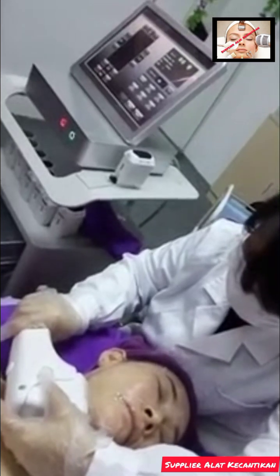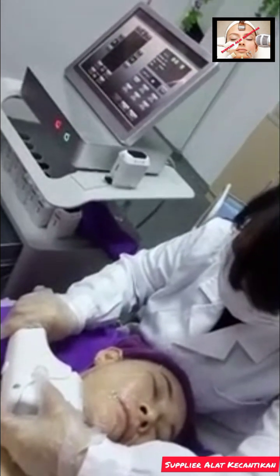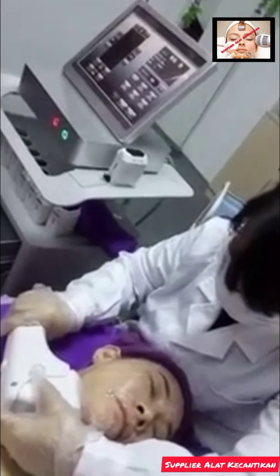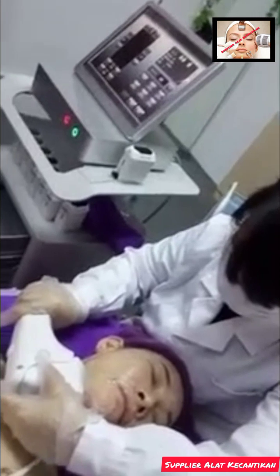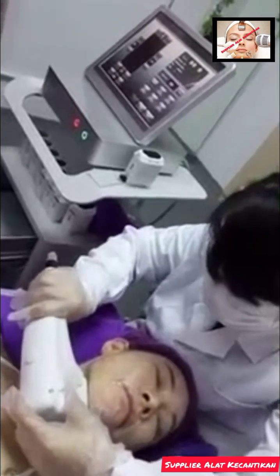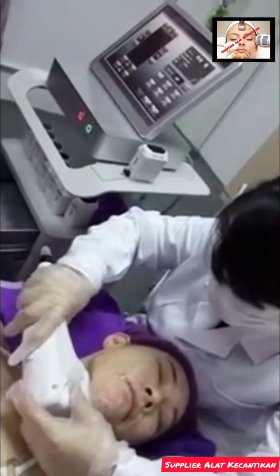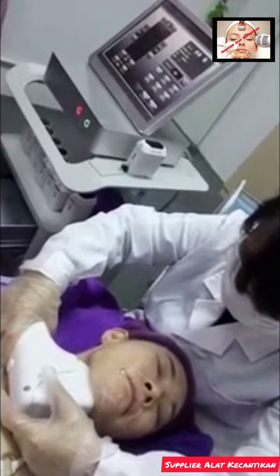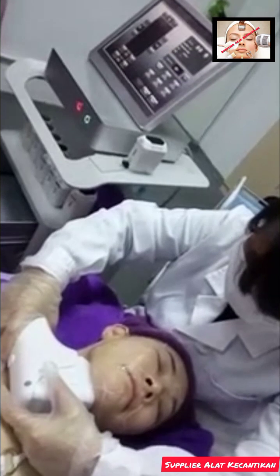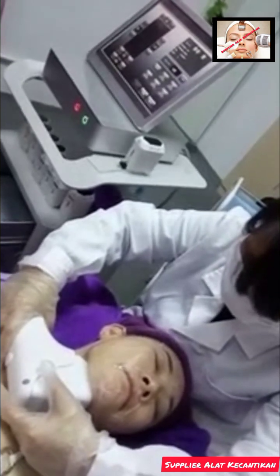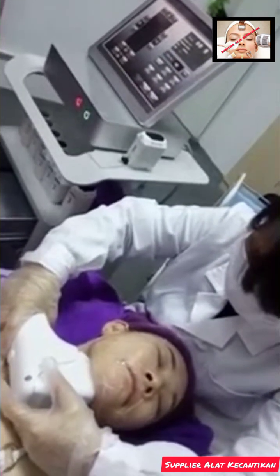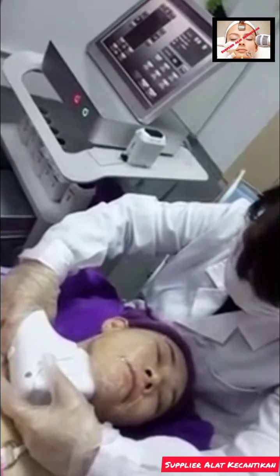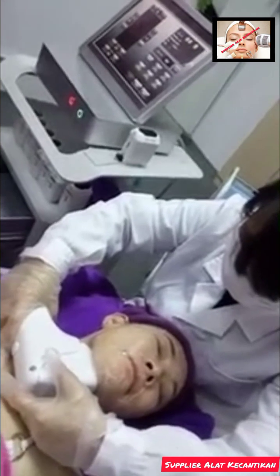But bear in mind, the number of lines dictates the amount of energy that you are delivering into the skin, and also the degree of collagen stimulation that you're able to deliver as well. So there's no hard and fast rule as to how you deliver the energy, as long as, once again, you avoid certain areas.